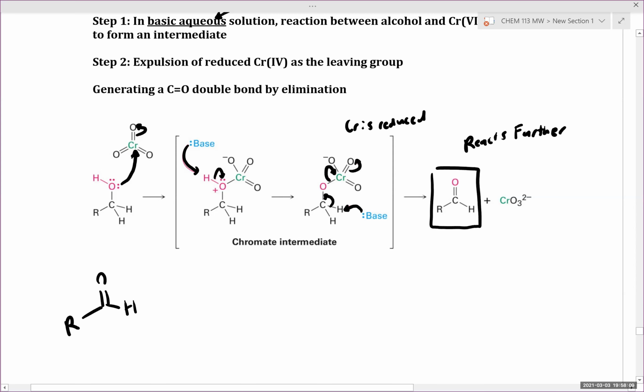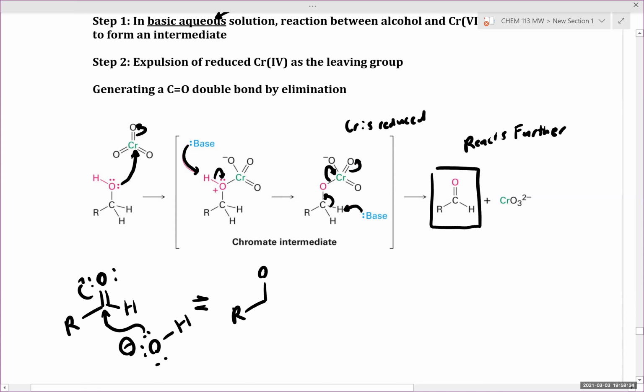Now, chromium trioxide and many other oxidizing agents principally react with nucleophilic alcohol functionalities. So if we have a nucleophile floating around, that nucleophile, such as hydroxide, can attack our electrophilic carbonyl.